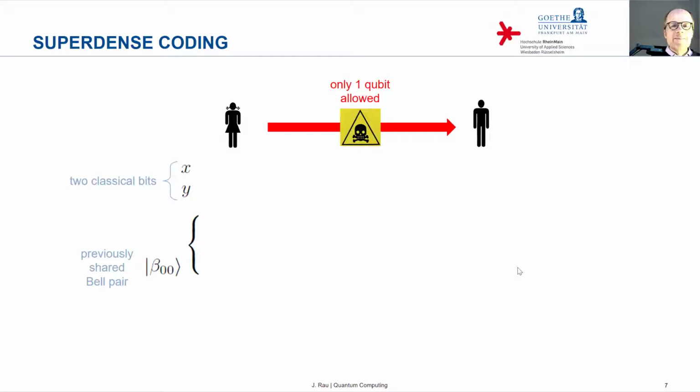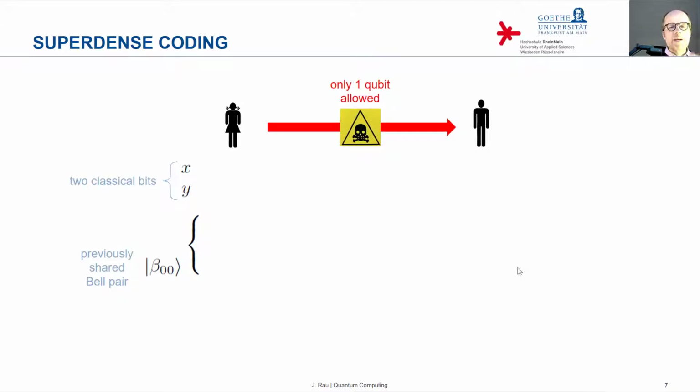However, the Bell pair could have been generated and shared a long time ago. So, I don't know, a week ago, Alice and Bob may have produced this Bell pair and put it in storage. And each of them is in possession of one of the members of the Bell pair.